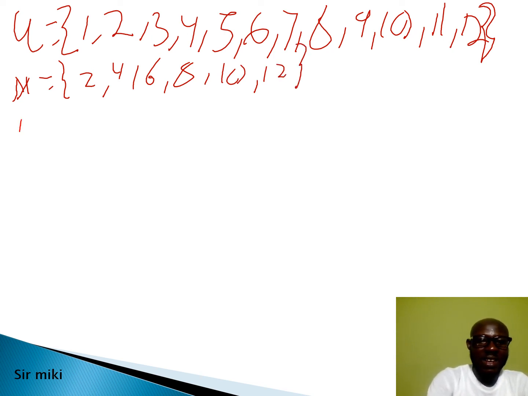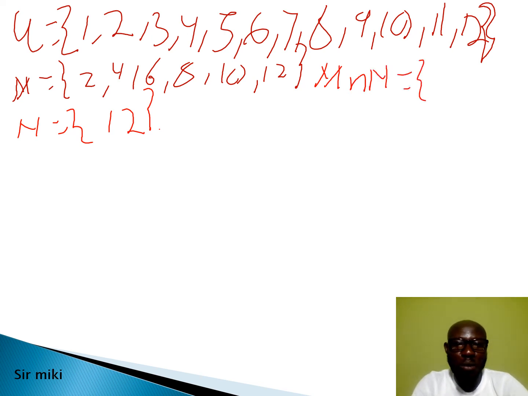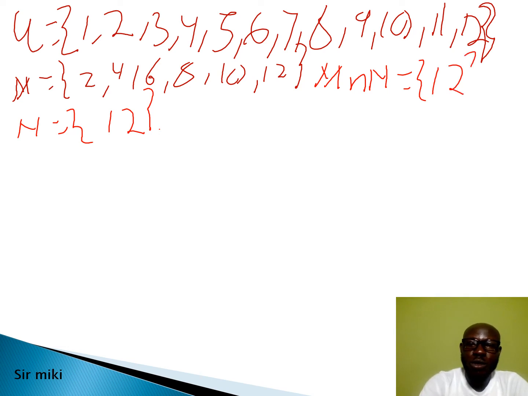Then our N will give us 12. Now, before we can represent this on a Venn diagram, let's try to find M intersection N. I hope up to now you know the intersection of sets. So our M intersection N will give us the elements found in both sets. So the element that can be found in M and at the same time N is 12. So we put it in the curly bracket.